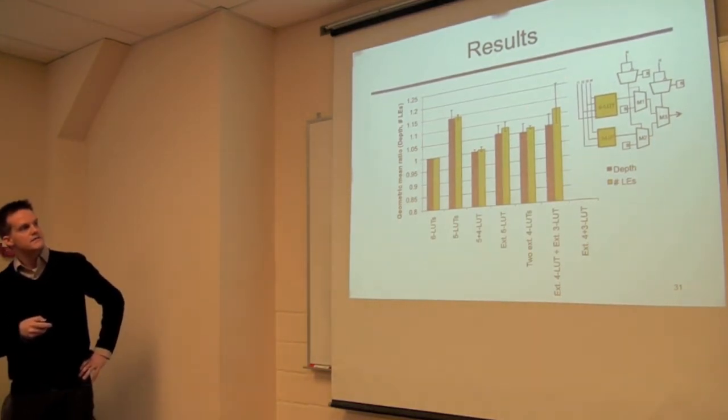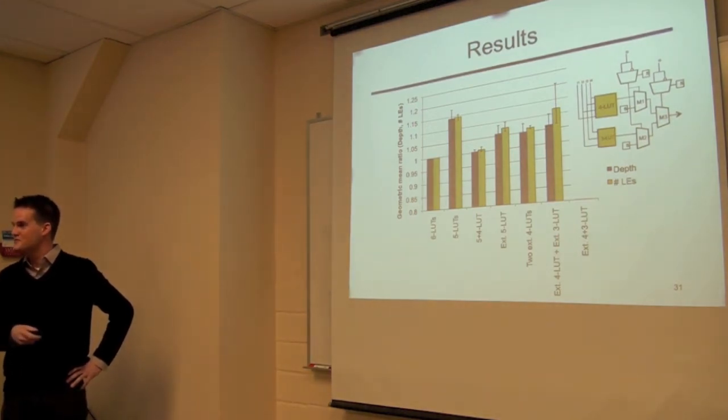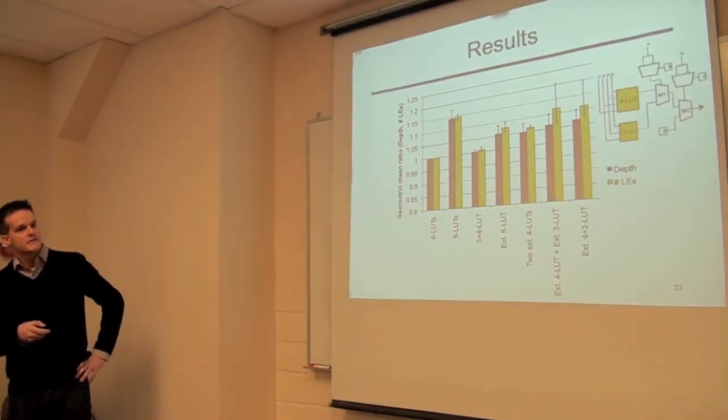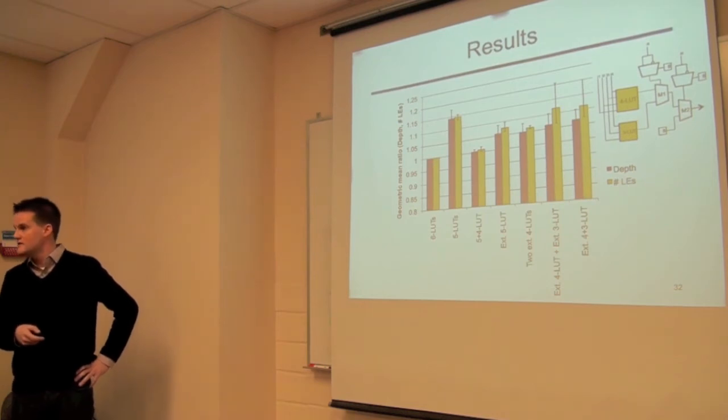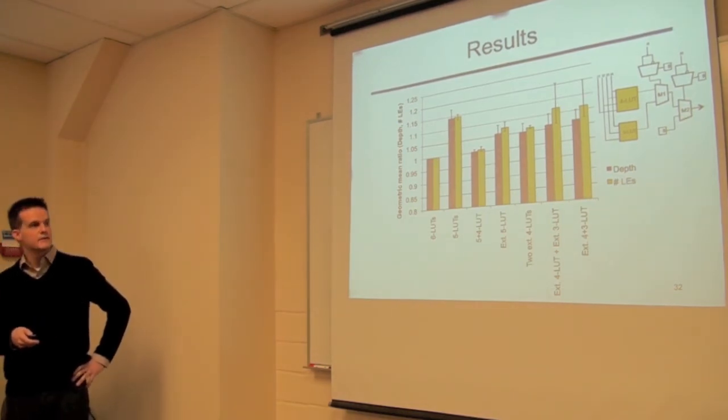But what we saw is that the difference between the VPR5 circuits and the MCNC circuits was getting very pronounced for these small architectures. They're not as easy to map to, for whatever reason, for the VPR5 circuits. And we got similar results for the other very small architecture, which we called extended 4+3 LUT, shown right here. So these two sets of results are very similar.